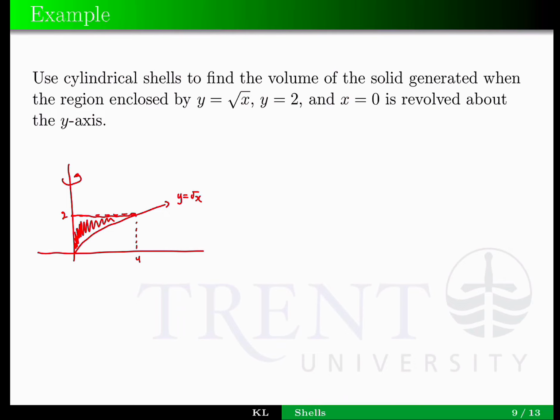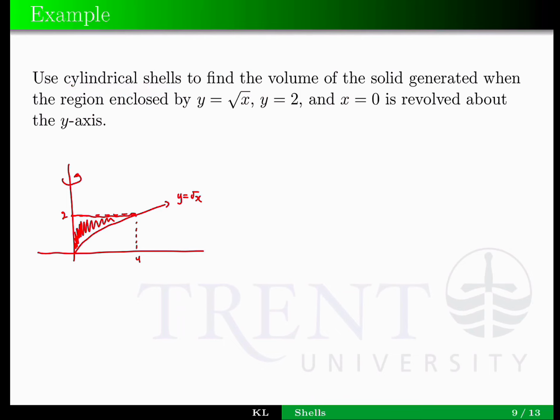In the previous solution, we used this one here, and then we used disk because when you revolve this, you will have a disk. This time, it is specified that we need to use the cylindrical shells.